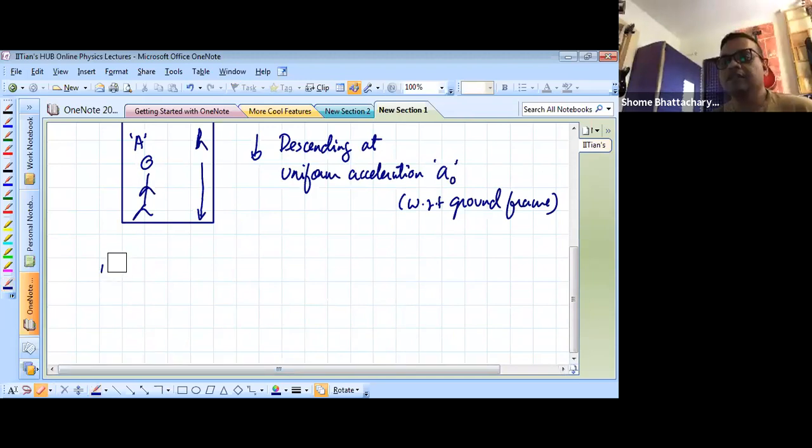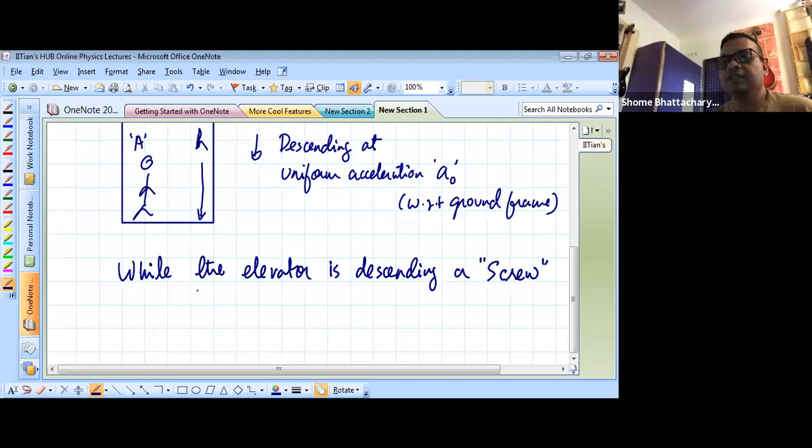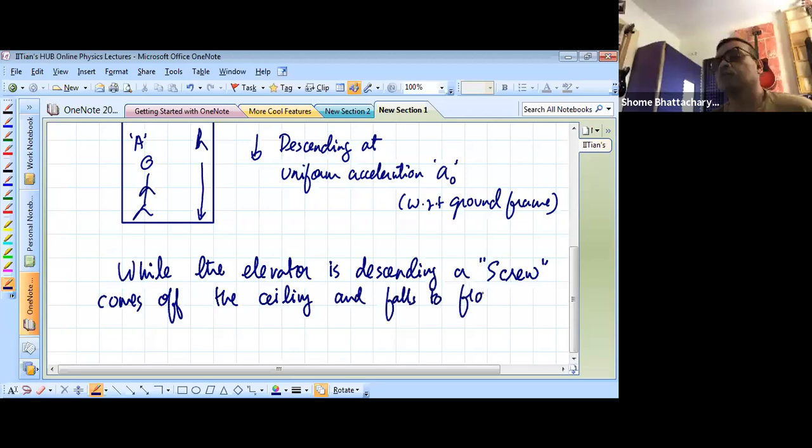Yeah. So while the elevator is descending, what happens is a screw comes off the ceiling and falls to the floor.